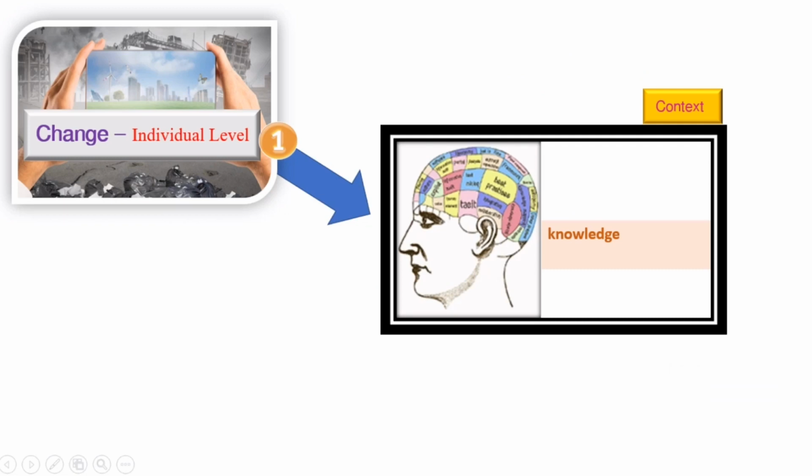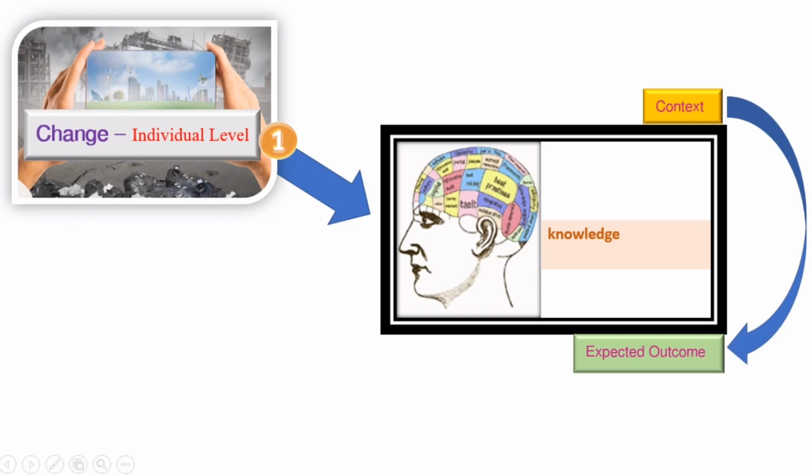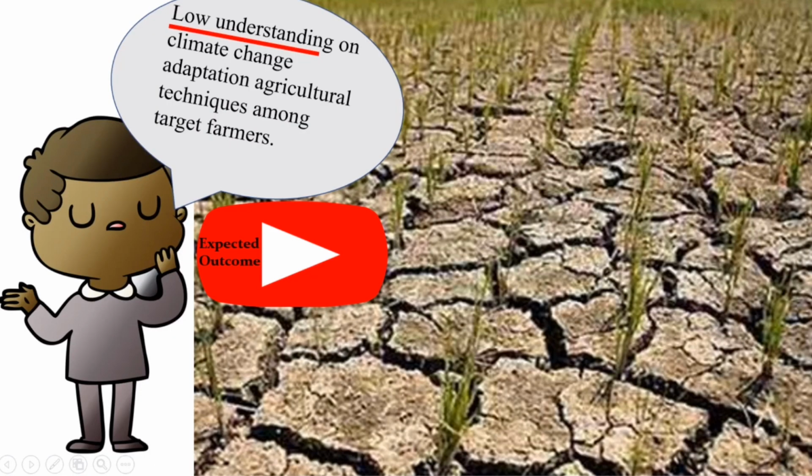Changing knowledge. Generally we develop the outcomes based on the context. So let's look at the context first, on the knowledge of our intended target group. Based on our survey, we realize that people have a low understanding of climate change adaptation techniques.